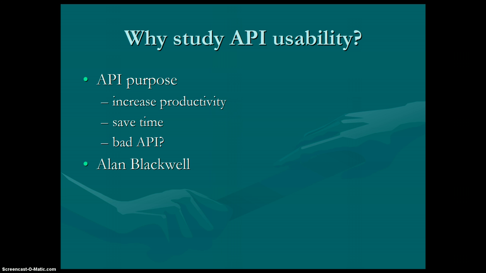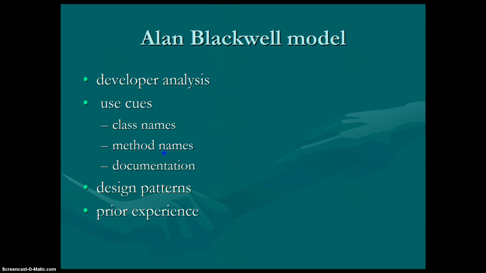However, unfortunately, when an API is badly designed, it can be difficult to determine whether the time saved using the API is worth the investment of effort in using it. A guy by the name of Alan Blackwell developed a model for describing how to determine whether such an investment of using a custom programming solution is better than using a predefined API.